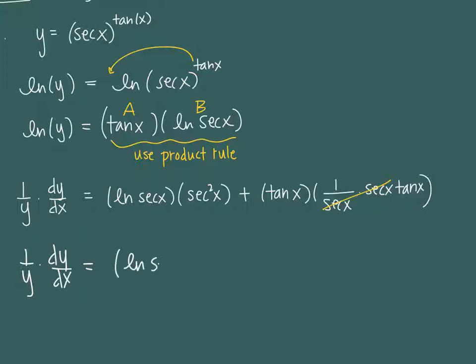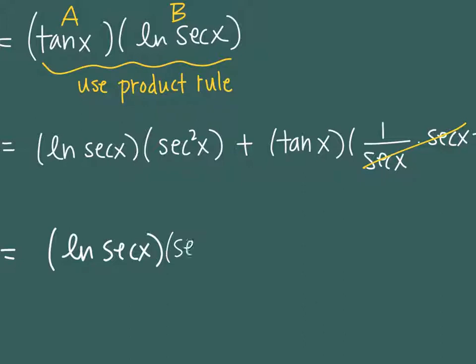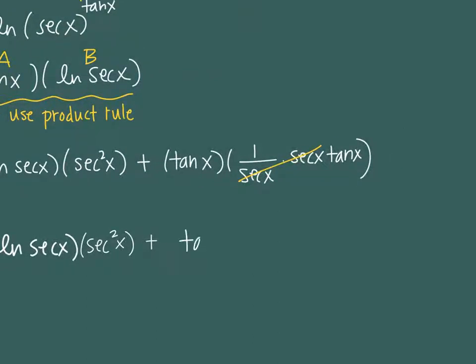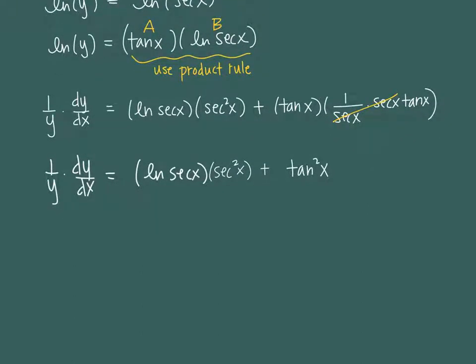One is the natural log of secant x as its own quantity. The other is secant squared x as its own quantity. Plus, and then when I reduce the two secants, I'm left with tan squared. And you've seen this before. We just need to get dy dx alone. So what do we do to get dy dx alone?